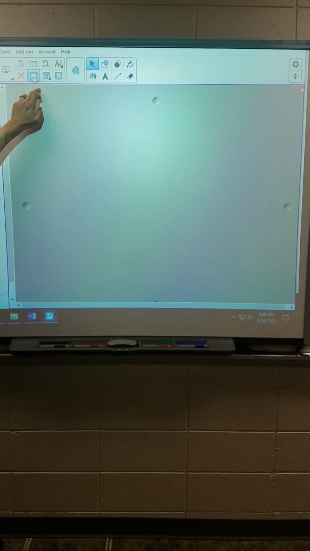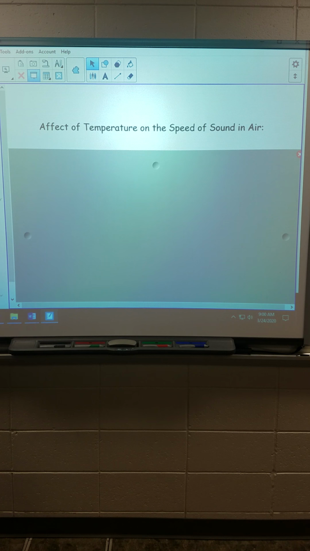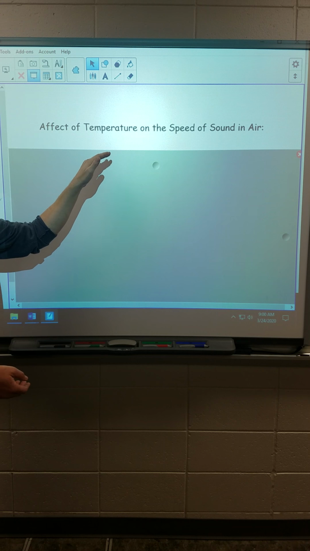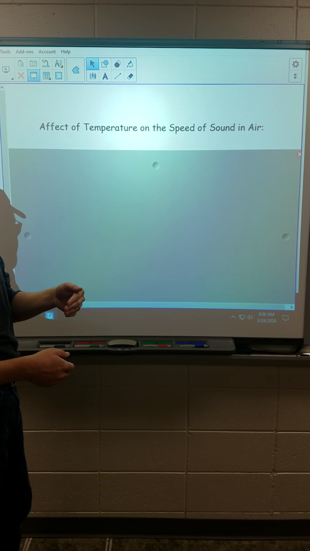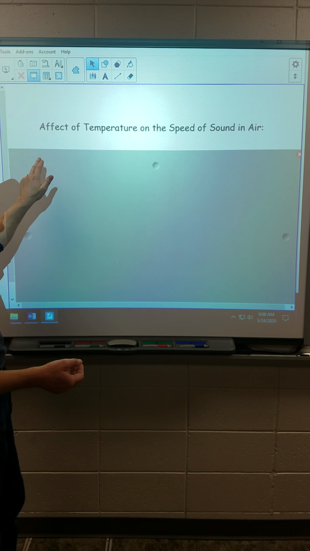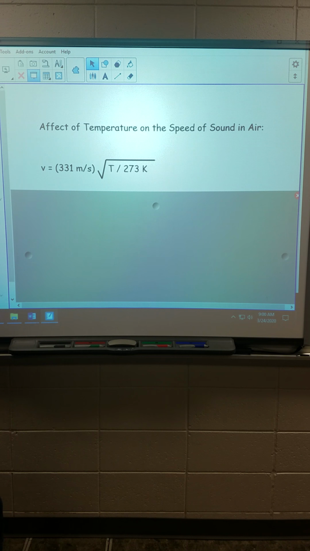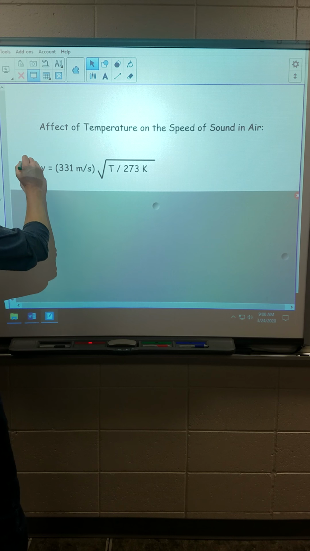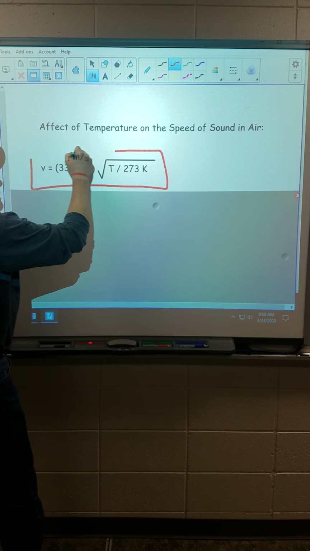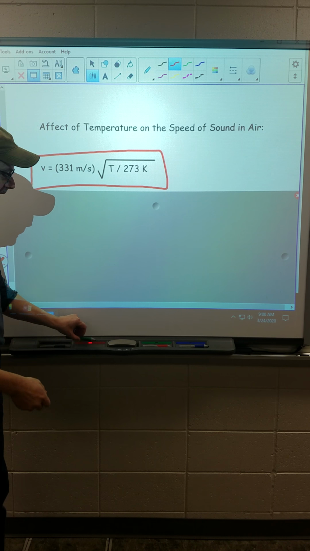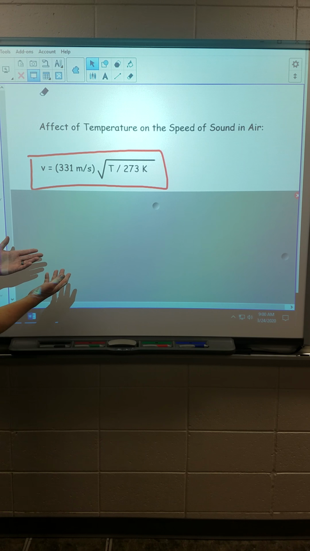Now, the speed of sound in air can change based upon temperature because faster moving particles are going to happen when you get higher temperatures. And we can represent that using this equation. This is going to be a rarely used toolbox equation, one of those tools in the bucket that you're not going to use very often, but nevertheless, we're still going to use it.